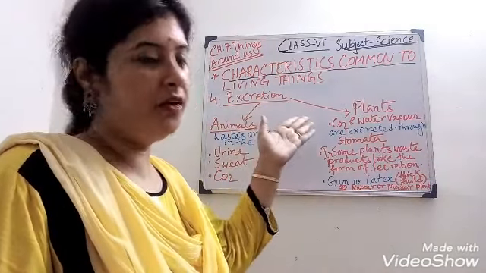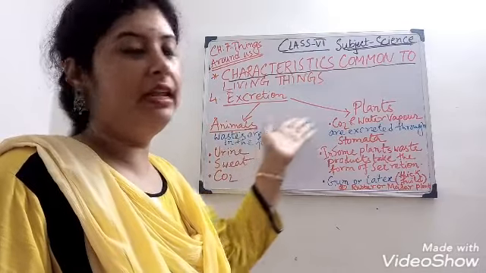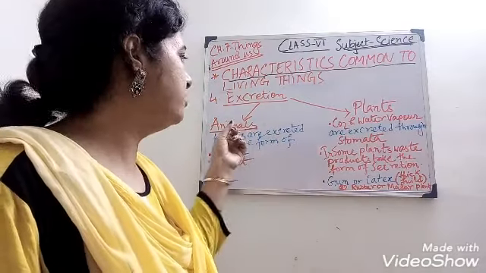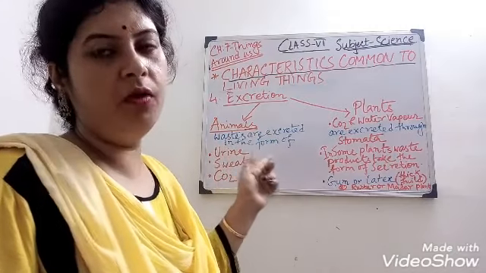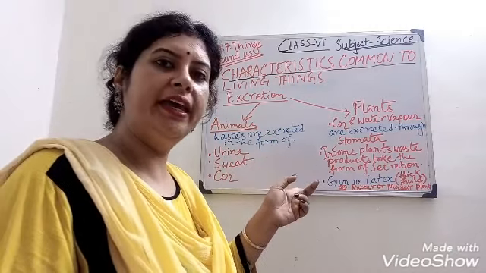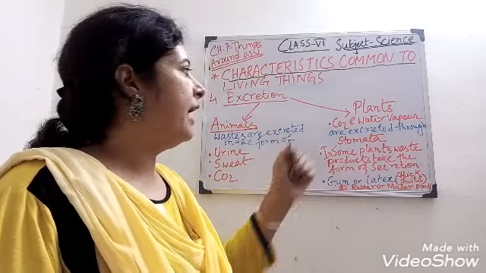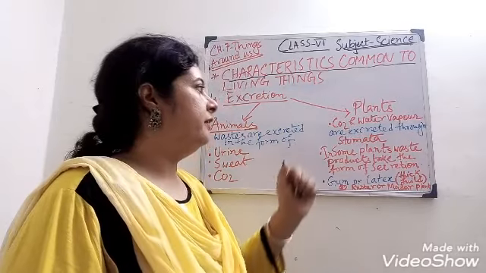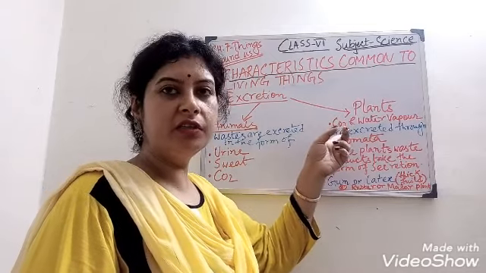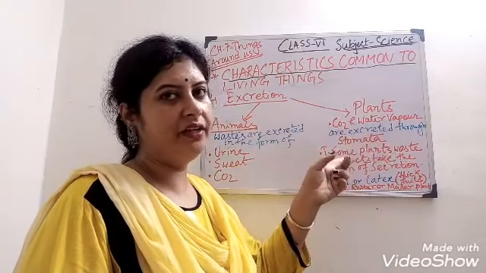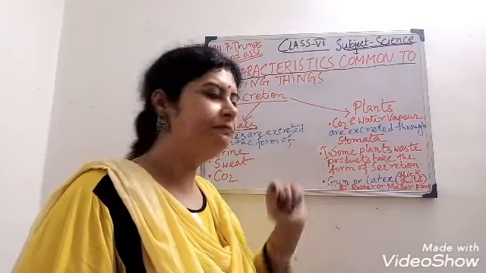Excretion is found in both animals and plants. In animals, wastes are excreted in the form of urine, sweat and carbon dioxide. In plants, carbon dioxide and water vapor are excreted through stomata.